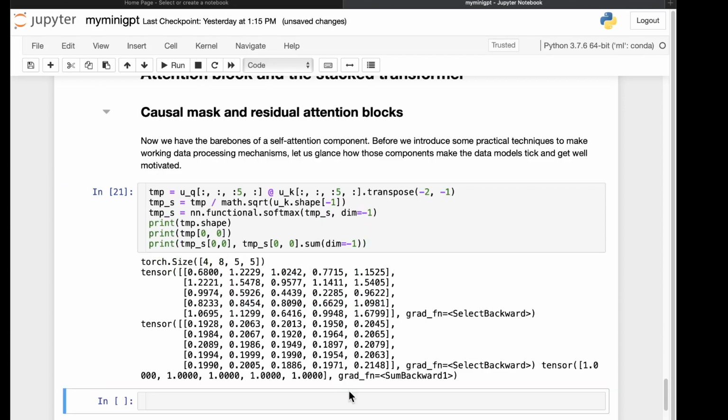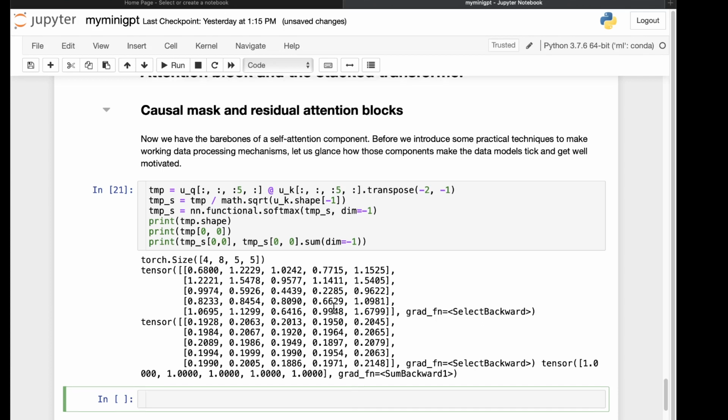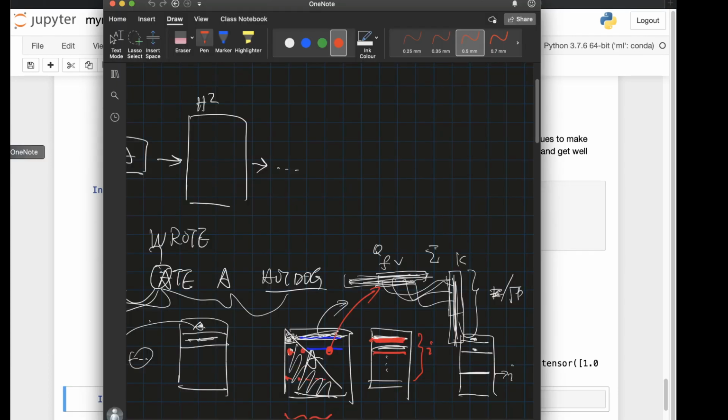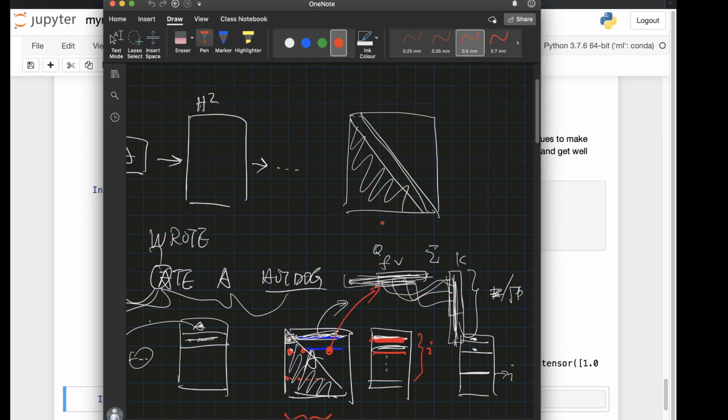To set up the mask, we need to be able to form a triangular matrix which has the desired entries filled this way. This will include the diagonal elements. We can freely choose to mask this part or mask that part. It doesn't matter.